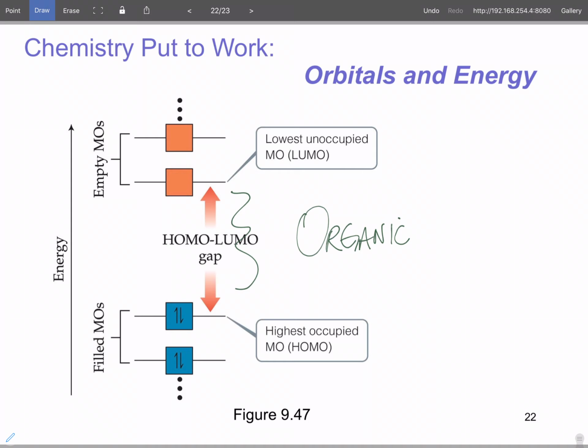This is why some molecules will conduct electricity and some will not. They act as insulators because the gap is either too large and therefore it can't be made to jump, and you don't have a conduction band, whereas in other ones you will because the HOMO-LUMO gap is small.